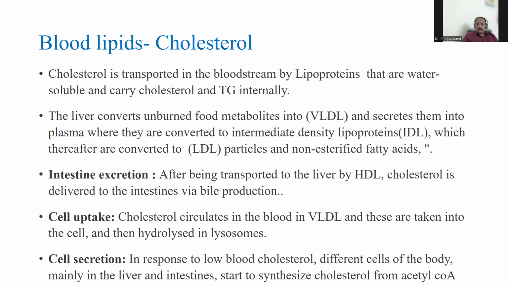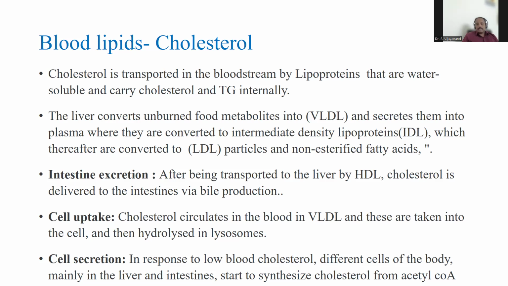For intestinal excretion, after being transported to the liver by HDL, the cholesterol is delivered to the intestine via bile production. For cell uptake, cholesterol also circulates in the blood in VLDL, and these are taken up by the cell and then hydrolyzed in lysosomes.